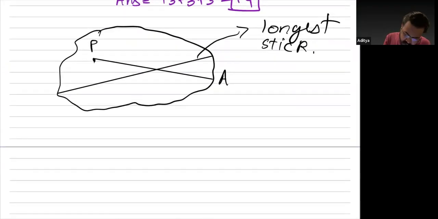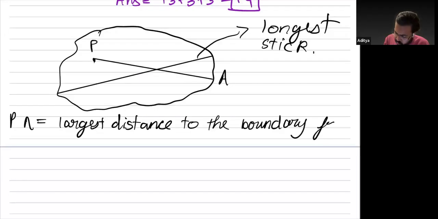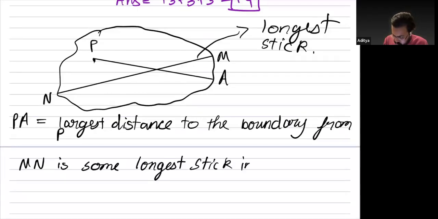Just a second. Does everyone agree that if PA is the largest distance to the circumference, let's call PA equal to the largest distance to the boundary from P. If I say this and I call these points M and N, MN is some longest stick in the region.